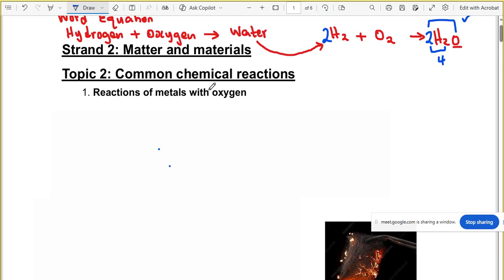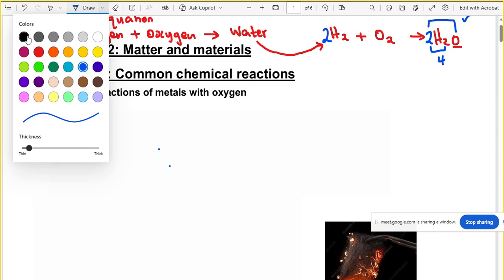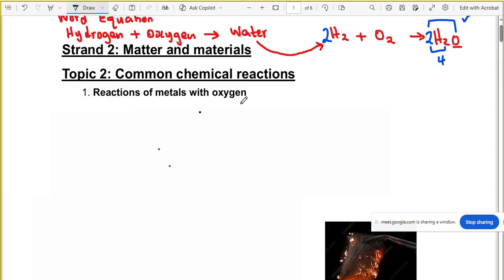So we're going to take a metal, and this one is a common equation. We take a metal and react it with oxygen. Since it's only one oxygen, you'll get a metal oxide.